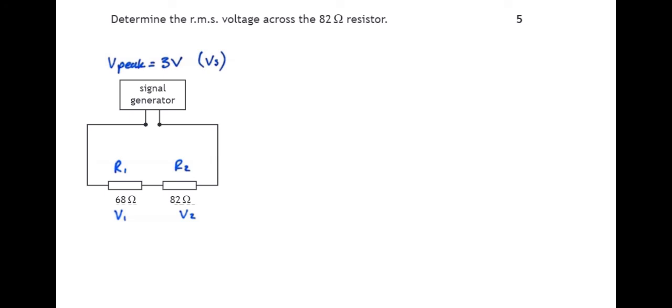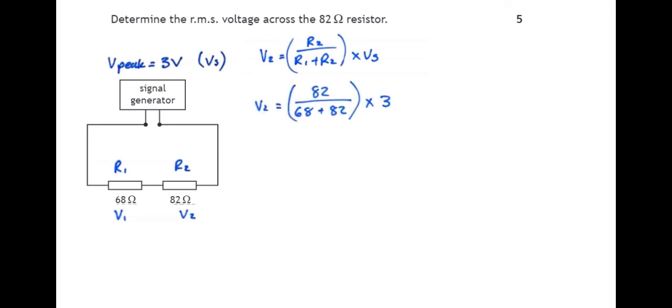And if we want to work out one of those voltage values, then we can use this formula. V2 equals R2 over R1 plus R2 times Vs. We insert our numbers into the formula and get a value for V2 of 1.64 volts.